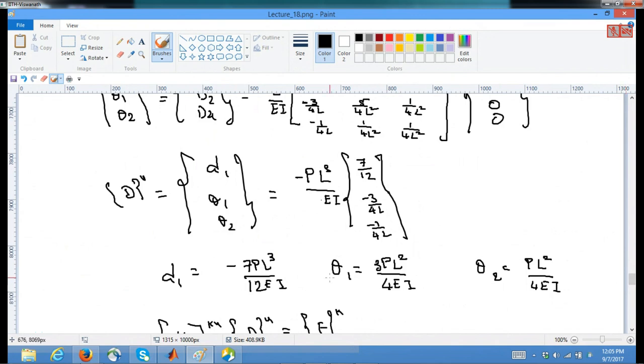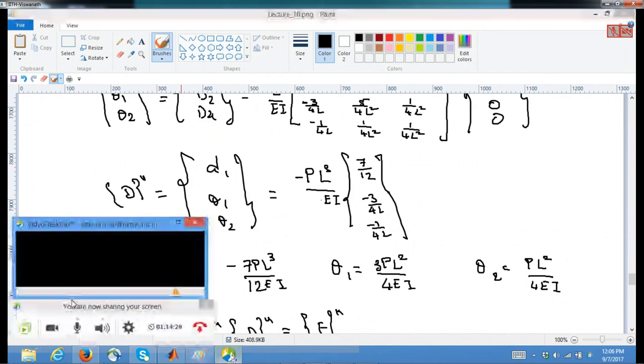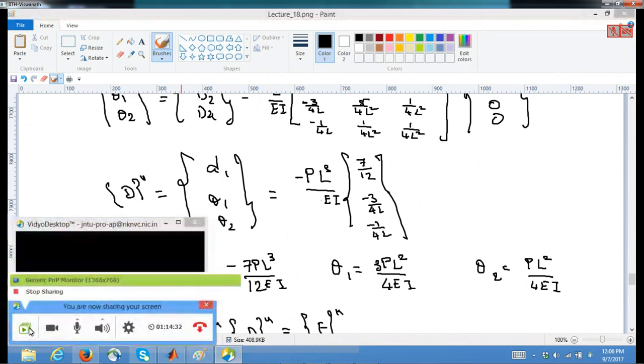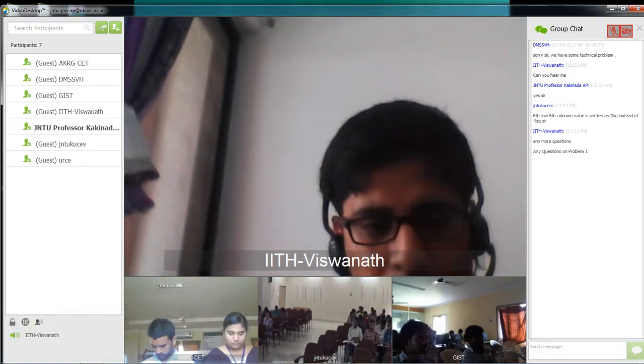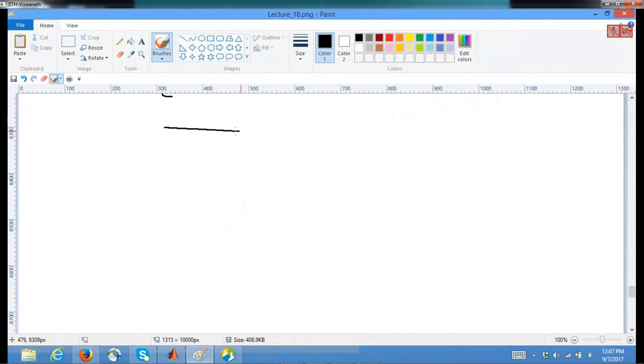So at this point of time I will stop again and see if the gallery has some questions, because the first two problems have so many things in common except the boundary condition and the loading. So it is something like this.